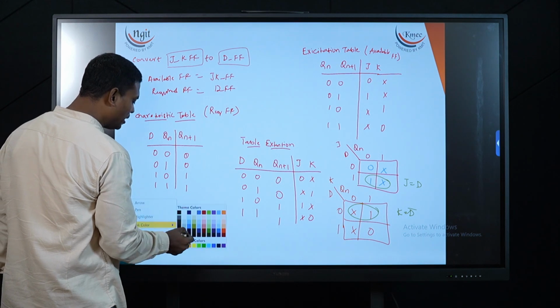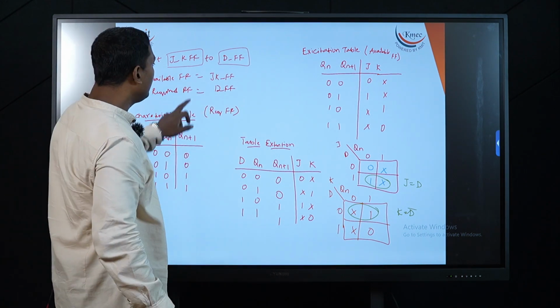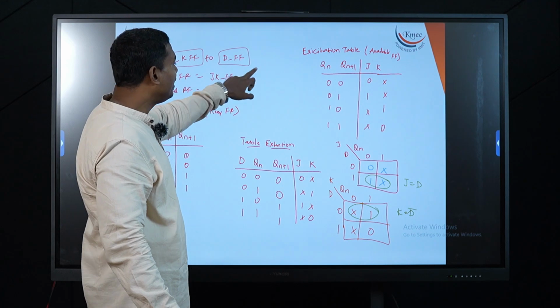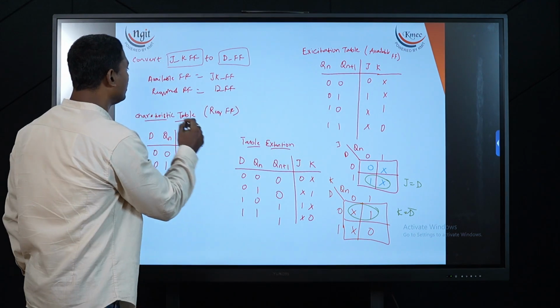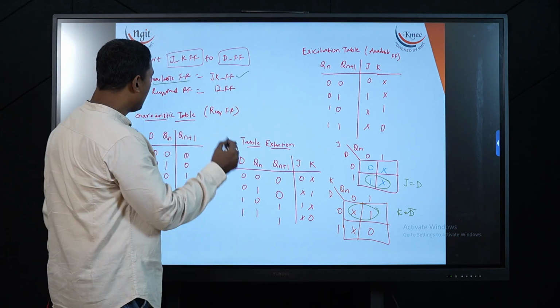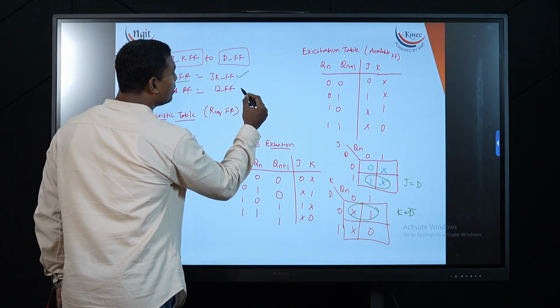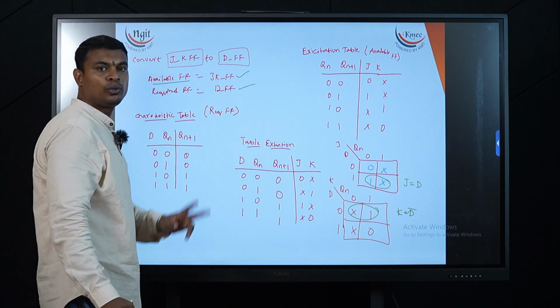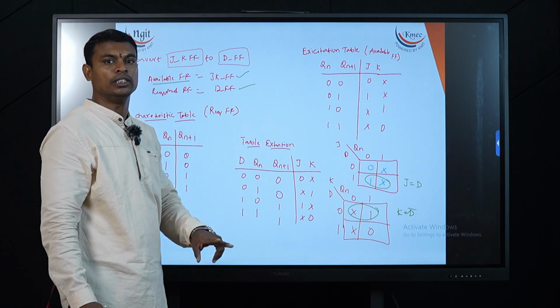So I am writing two things: my available flip-flop as JK flip-flop and my required flip-flop as D flip-flop. Two things we have noted using the question itself.